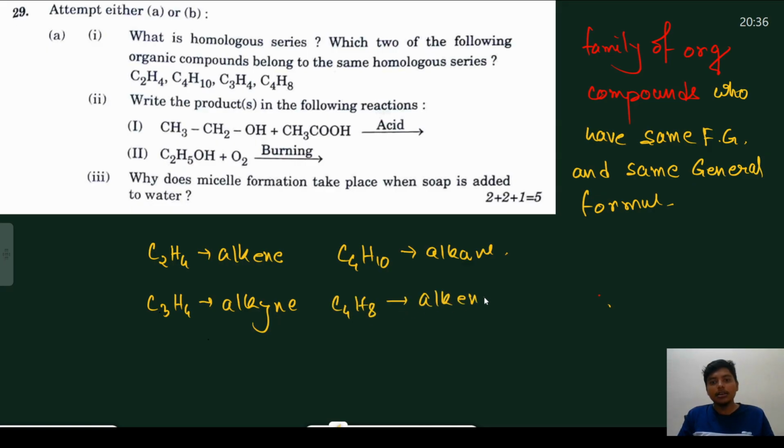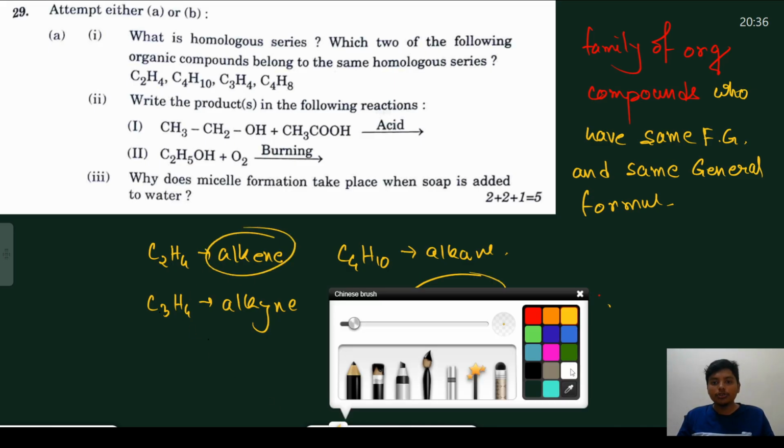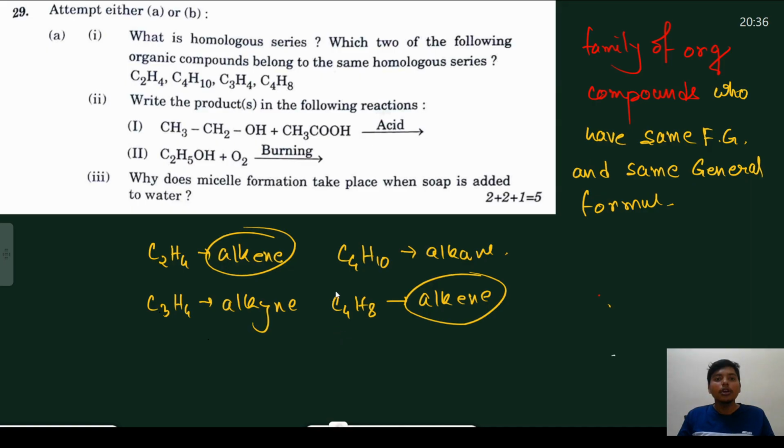So here you can see these two are alkene, so these two are homologous to each other. The first homolog of alkene is ethylene, and the third homolog is butene.